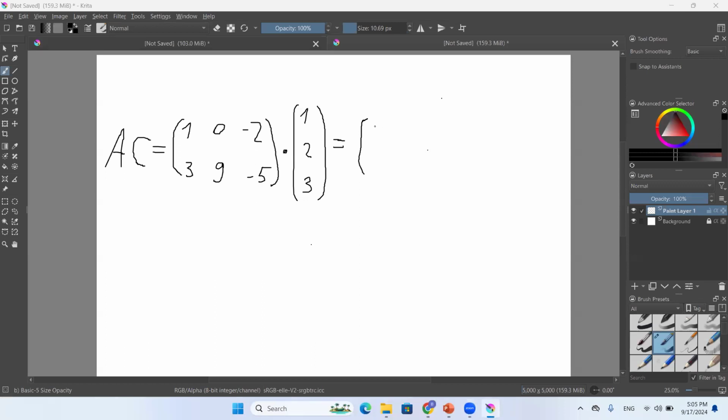So we multiply the first row by the column, right? Yeah, it's correct. 1 multiplied by 1 is 1, plus 0 and minus 6. So we skip 0 and get 1 minus 6. Correct. Okay, and the second row: 3 plus 18 minus 15.